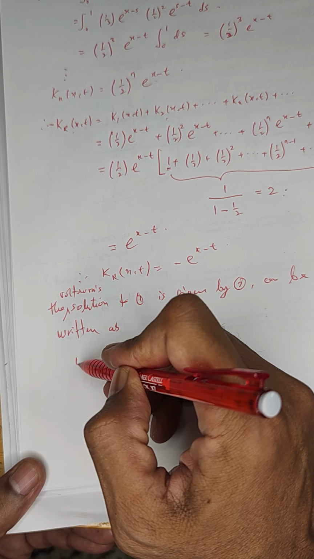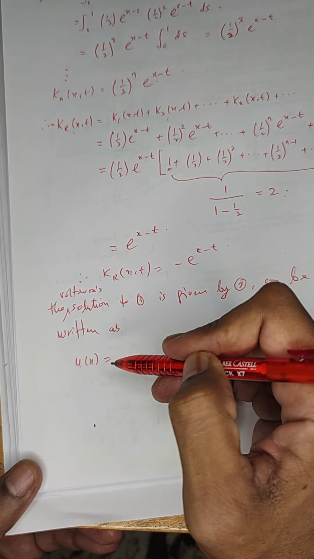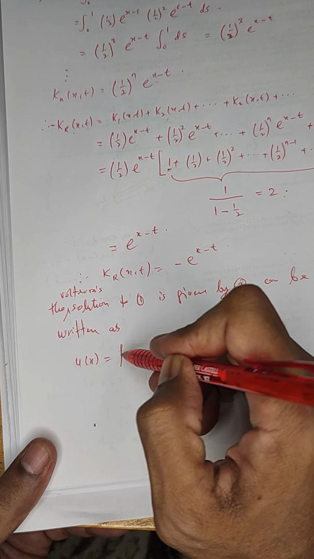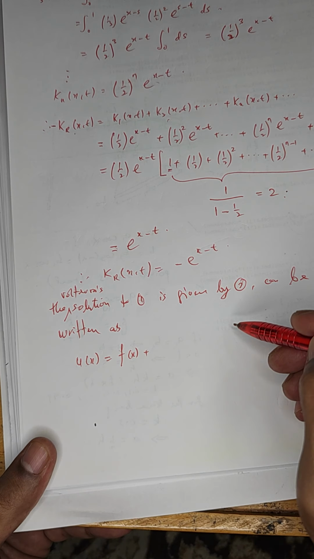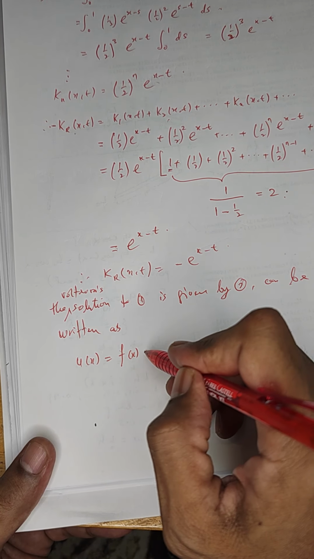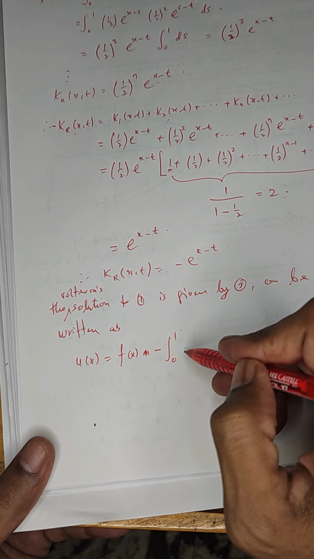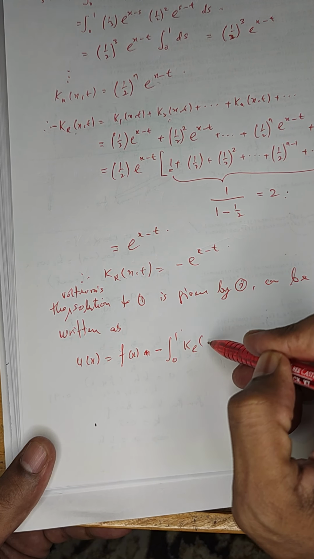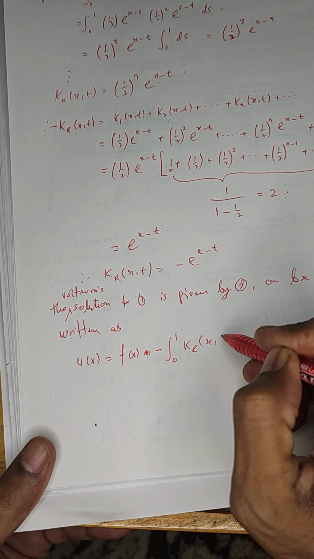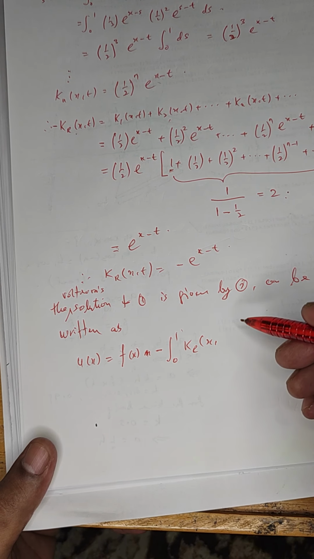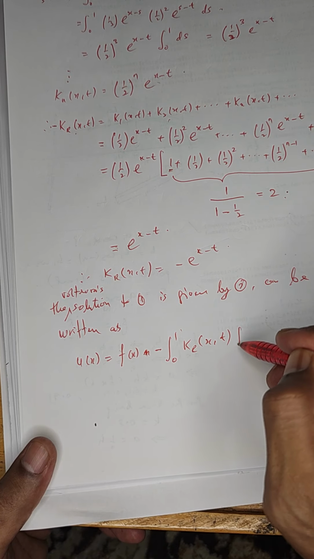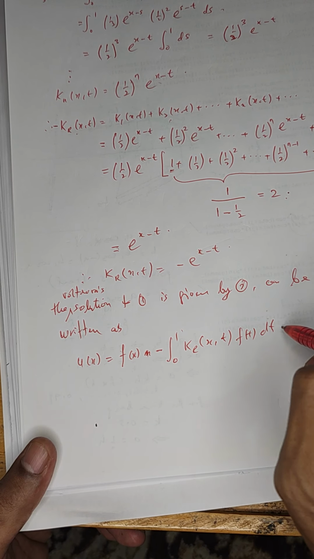So we have u(x) equal to f(x) plus negative integral from 0 to 1 of k_r(x,t) f(t) dt.